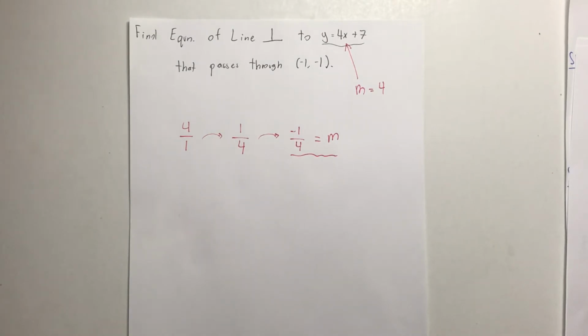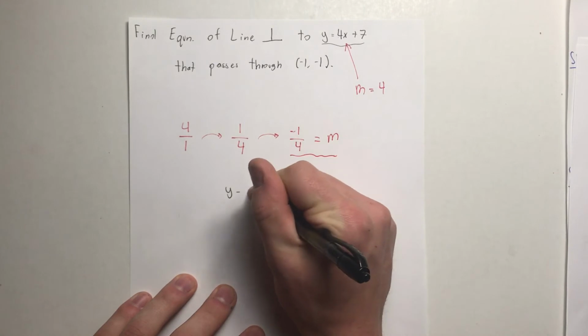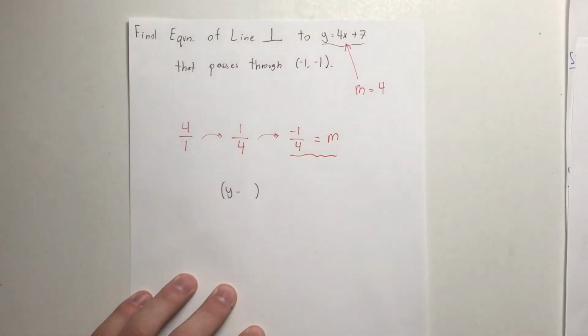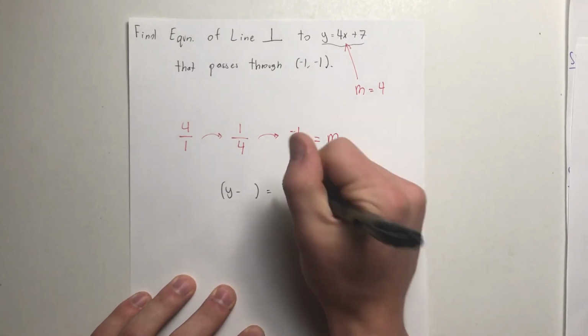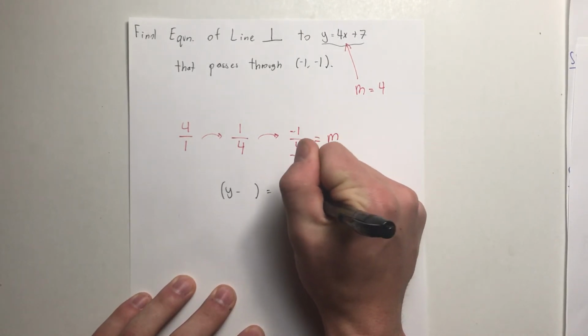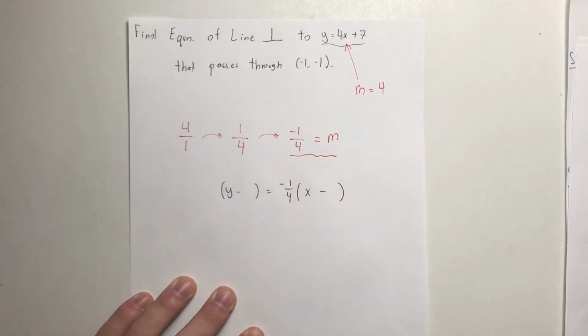From here, it's pretty similar to all of the other problems that we've done. You can just pick any form of the line that you want, and then you can just plug in from there. So I'm just going to use point slope form again. So we know that point slope form, we have y minus the y coordinate equals our slope. We know that our slope is negative 1/4, so I'm just going to plug that in right away, times x minus the x coordinate.